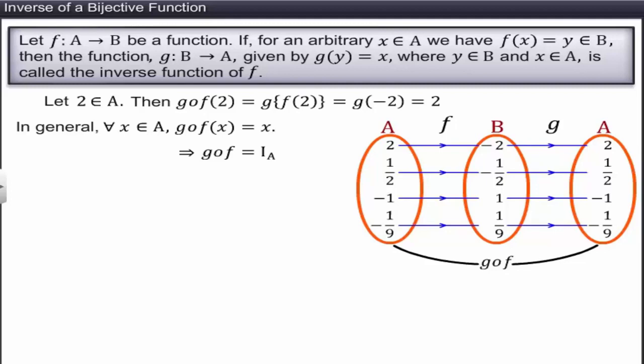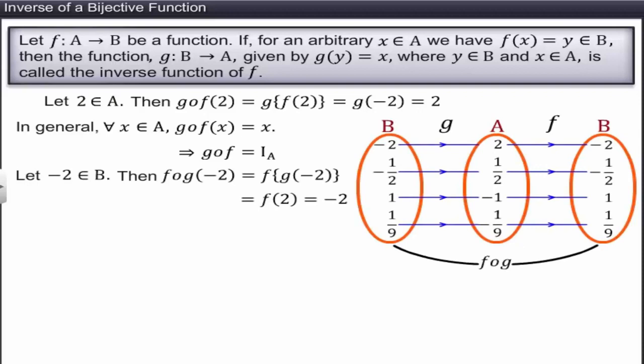Let's now see if f circle g is also an identity mapping. Consider any arbitrary element, say minus 2, in set B. Then f circle g of minus 2 is equal to minus 2.